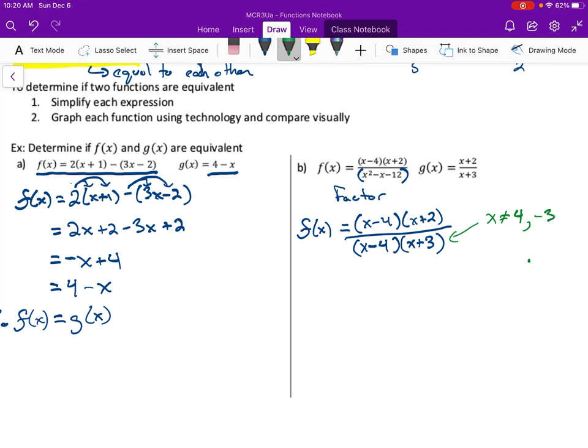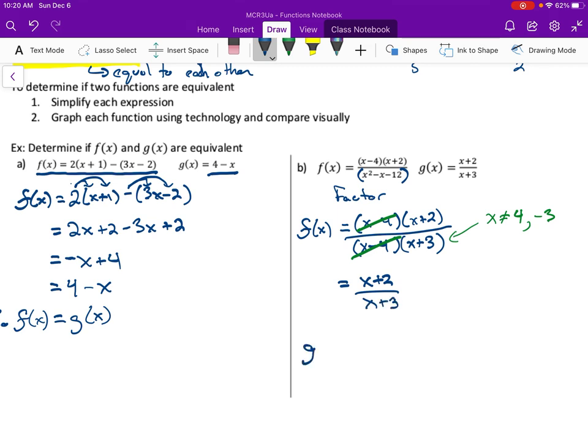So I have two values that x cannot equal. And I can write them side by side: x cannot equal 4, comma, and then the other one. If I had more, I would write more commas. After I do that, then I can divide the common factor. And so I end up with (x plus 2) over (x plus 3).